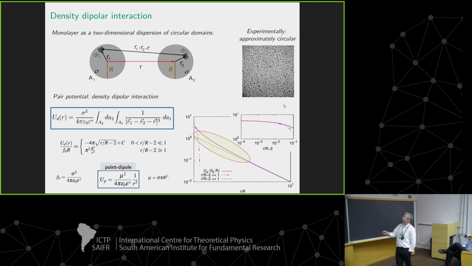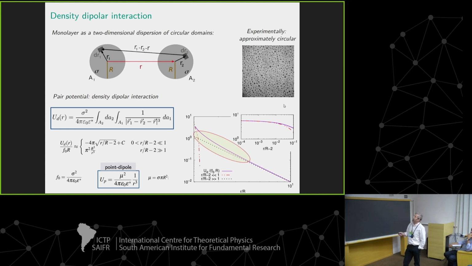In the case of two disks at distance r, you integrate over the surfaces. In principle it's a four-fold integral, but you end up with a one-fold integral with elliptic functions. It can be done numerically, not so difficult. We will use this potential with Brownian dynamics, molecular dynamics, and eventually what I will talk about today is some integral equations. Just to keep in mind, the potential has some interesting limits.